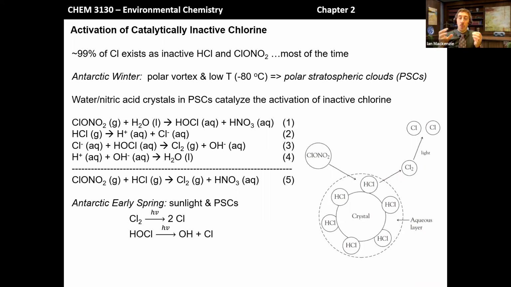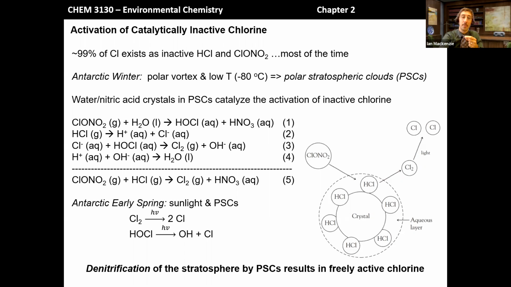Now, normally, the main sink for that atomic chlorine in the stratosphere is reaction with NO2 to form chlorine nitrate. But the NO2, all of the nitrogen, is sequestered in the polar stratospheric clouds in these particles as nitric acid. And the heavy particles fall down just by the force of gravity, out of the stratosphere into the troposphere. That results essentially in the removal of nitrogen, or the denitrification of the stratosphere.